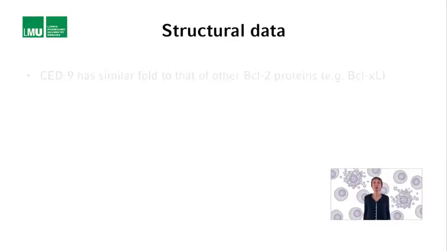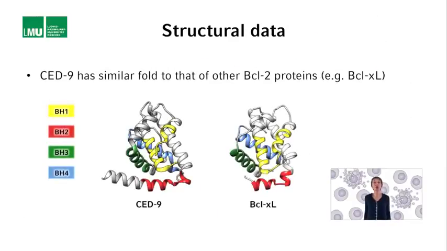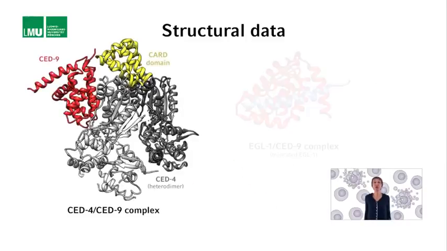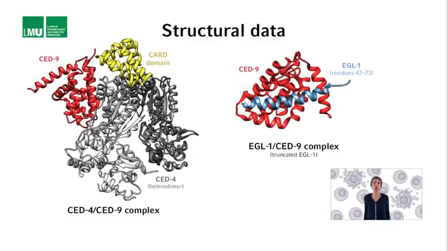Not too surprising, the structure of Z9 also revealed a fold very similar to that of other BCL2-like proteins. And having structures of Z9 with either Z4 or truncated AGO1 protein allowed to reveal the dramatic change in Z9's conformation that is triggered by AGO1 binding.